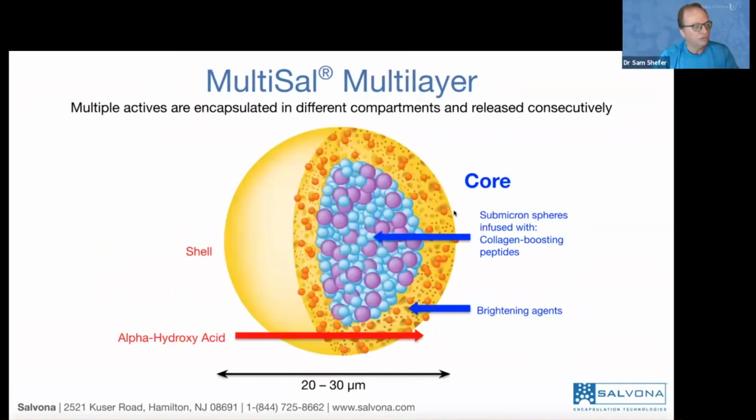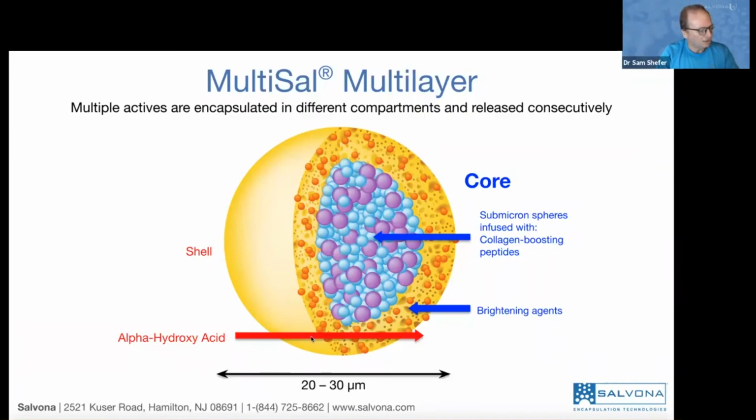Now I want to show you the next one, which is similar but different. This is for skin cosmetics, and this is a big product for us called MultiSal Multilayer. Multilayer means it's penetrating to different layers of the skin. But it also means that you have layers in the capsule itself, the core and the shell.